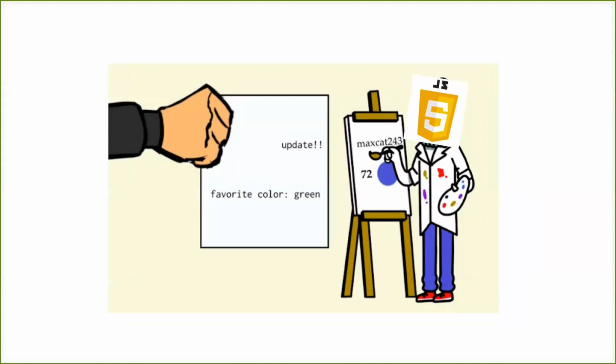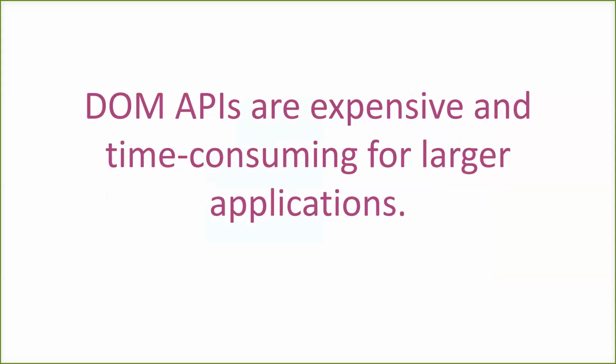Now, as you see, there are a lot of changes that happen in your websites. And this is not the end of the updates. There are more updates coming forward. A lot of updates may be occurring at the same time, a lot of updates may be occurring in one second and all of that sort. So it creates a lot of confusion because DOM APIs are expensive and time consuming for larger applications. As the size of the application starts to increase, calling these APIs again and again will really affect the speed of your application.